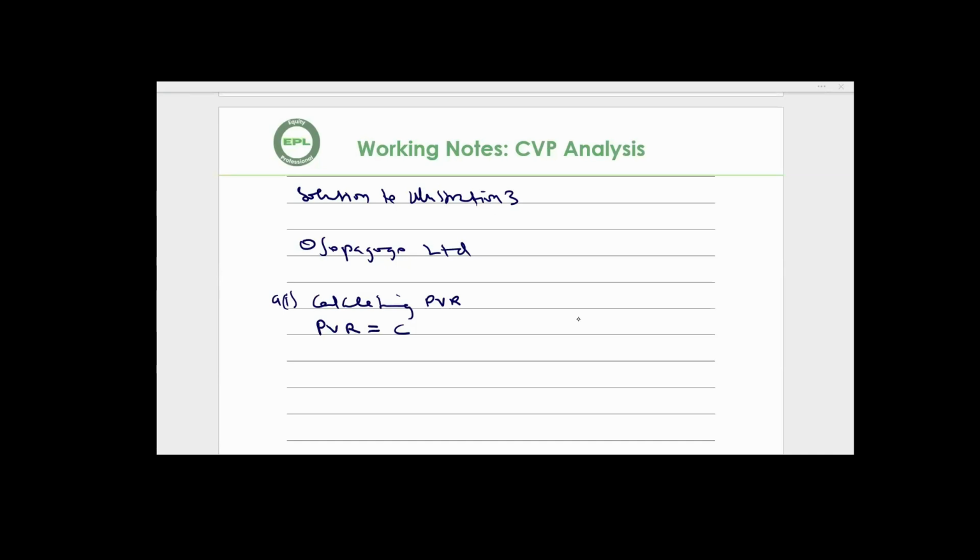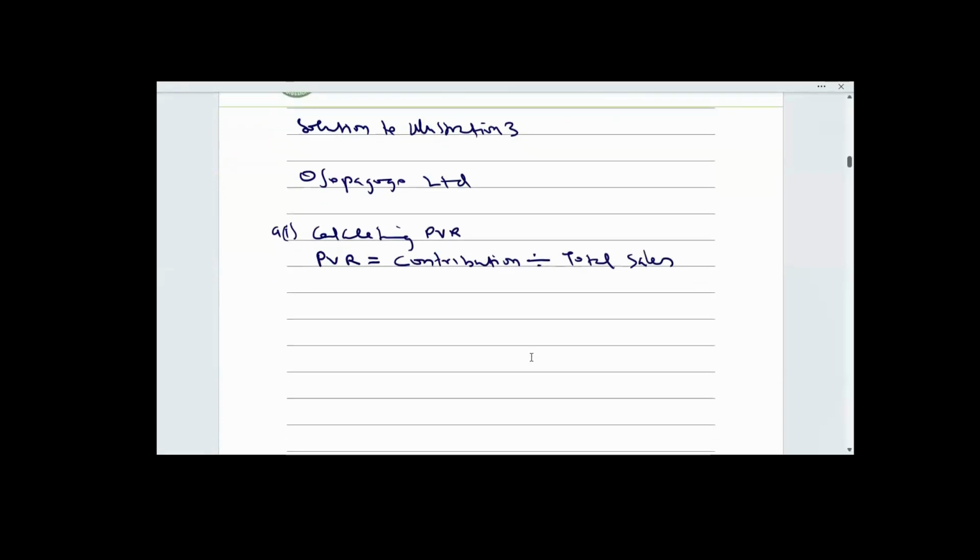So with this, I would say total contribution divided by total sales. This will give me the PVR, profit volume ratio, which is equal to contribution of 200,000 naira divided by total sales of 1 million naira.